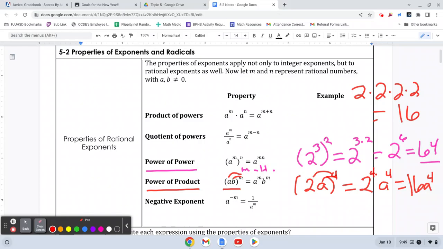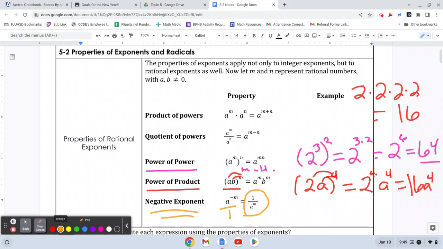All right, and the last one is the negative exponent. Of course, this is always the one that I think is pretty difficult for most students. So if we have a to the negative m, some base raised to the negative power, we're going to flip it, kind of. So a to the negative m right now is really in the numerator, and we're going to flip it and put it in the denominator and make it positive.